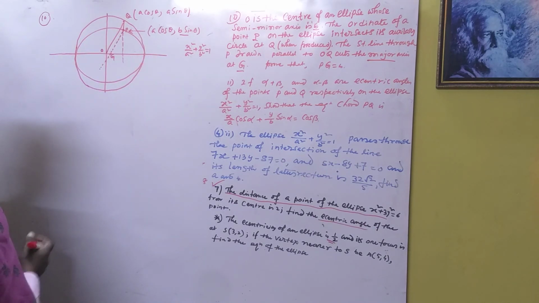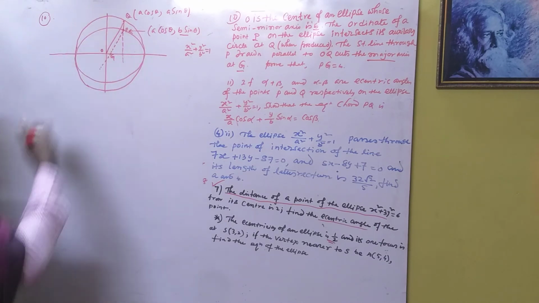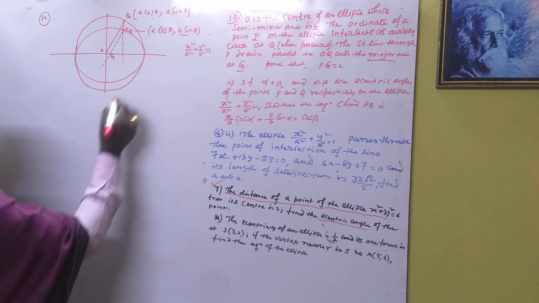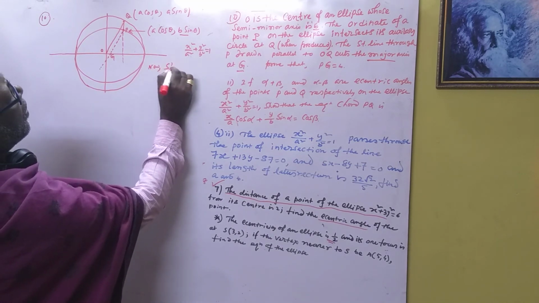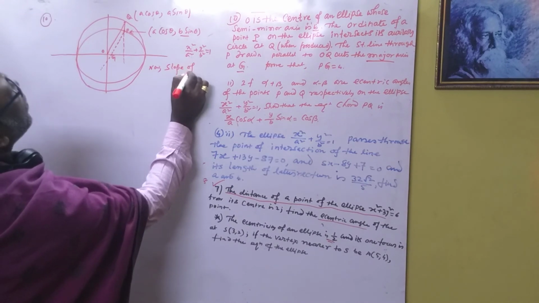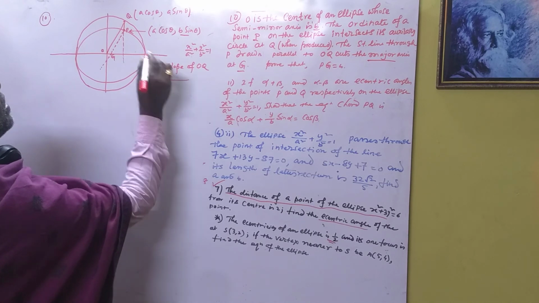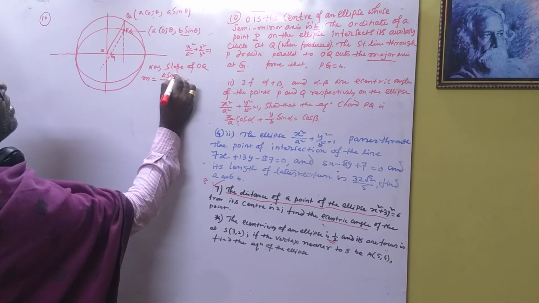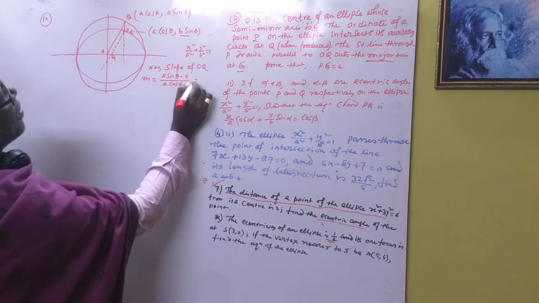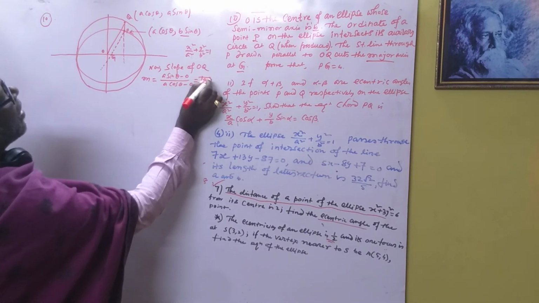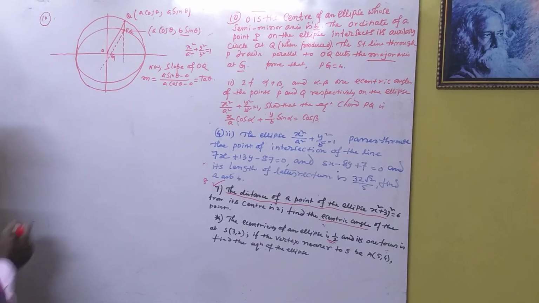PG is drawn parallel to OQ here, and now find the slope of OQ, so we can easily find the slope of PG. So now the slope of OQ, that is m, is equal to (A sin theta minus 0) by (A cos theta minus 0), and that is tan theta. Therefore the slope of PG is also tan theta.